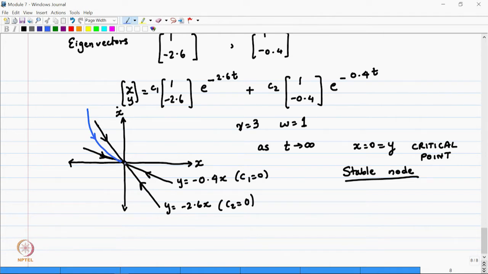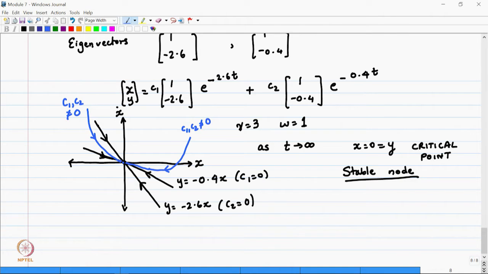If you start from the other side, then it will look like this. This is C1, C2 both not equal to 0. So, we will have some trajectory like this. So, this will be for that value. Now, if you started from the other side, then you have to approach this from the top. So, it will actually come like this. It will approach this graph in this way. So, this is what the solution will look like for some value of C1, C2 not equal to 0.